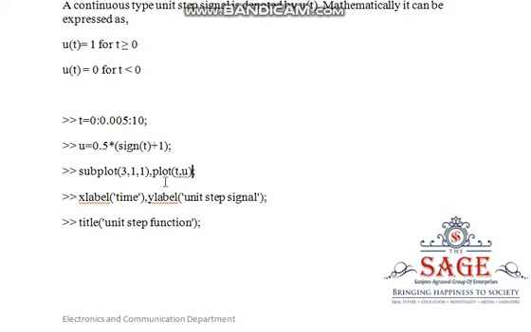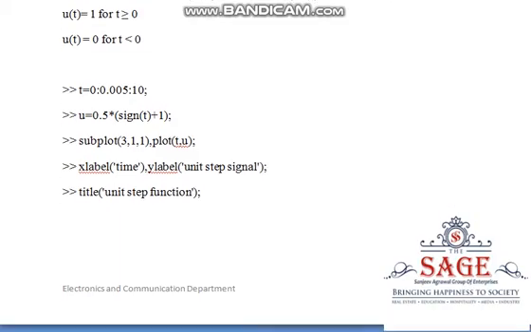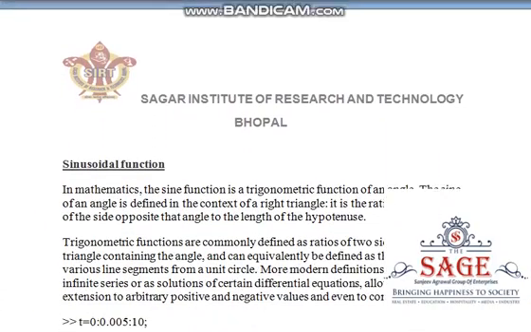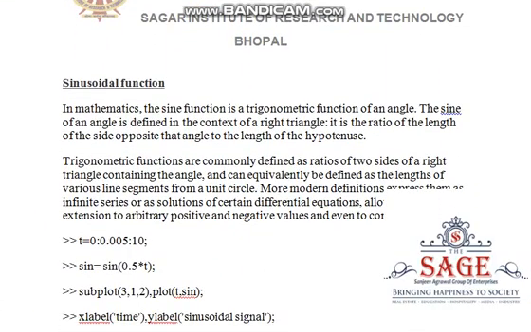Now we will label the graph. The x label will be time, so we have written the xlabel command with time in inverted commas, and the y label as the magnitude of the unit step signal. We can also label the title of this graph as unit step function with the help of title. So with this code we can plot the unit step signal.